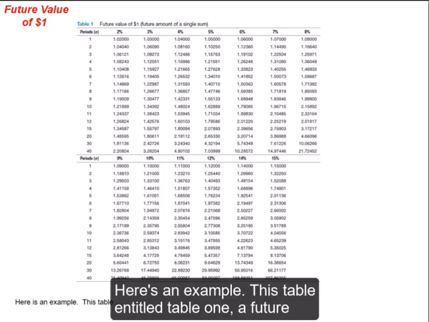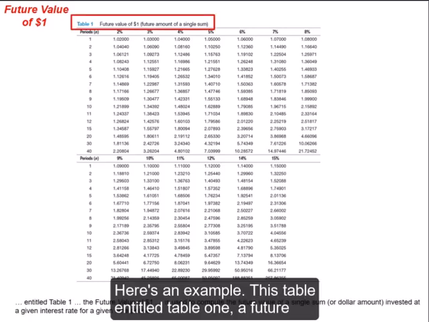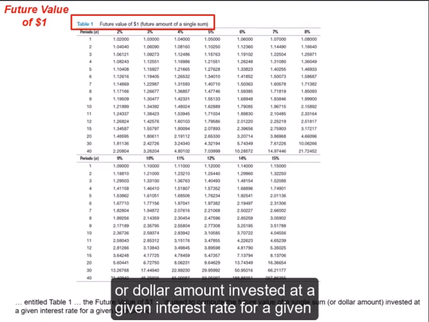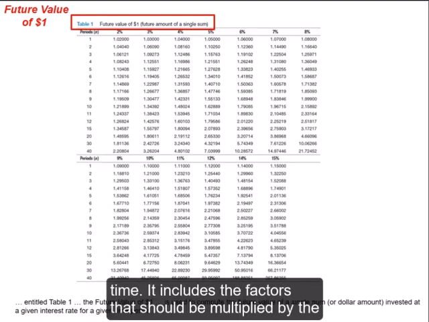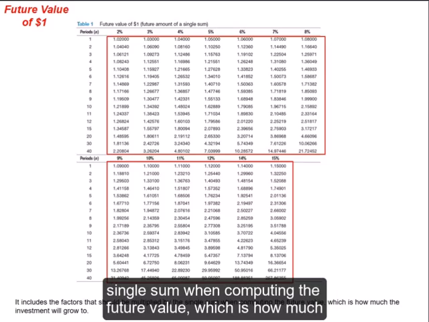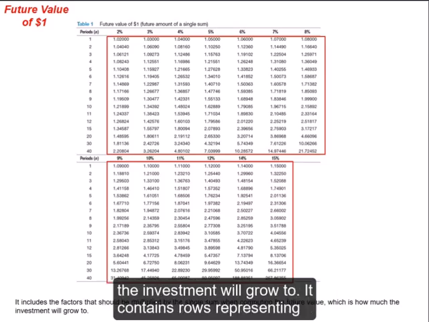Here's an example. This table, entitled Table 1, the future value of $1, is used to compute the future value of a single sum or dollar amount invested at a given interest rate for a given time period. It includes the factors that should be multiplied by the single sum when computing the future value, which is how much the investment will grow to.